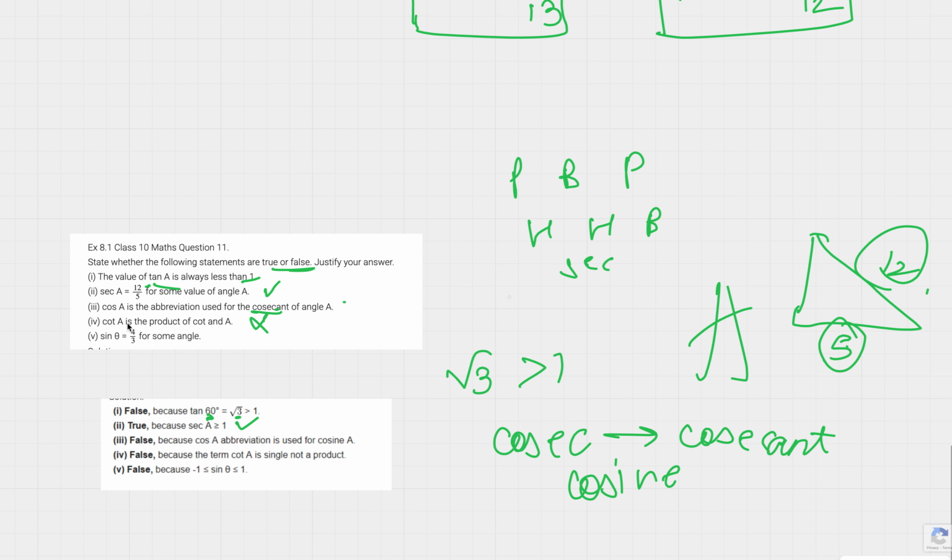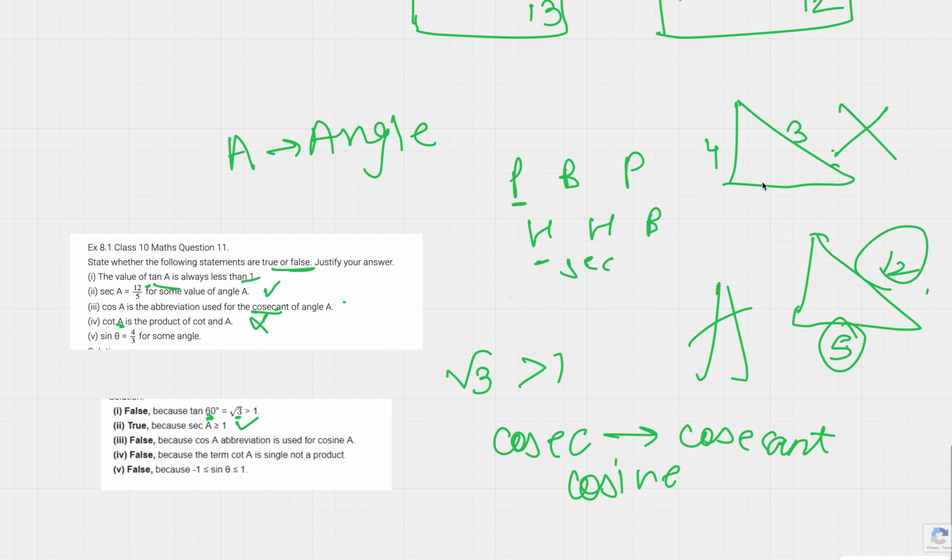Of course not. A is the angle, not a product. Sine theta is equal to 4 by 3. Again, sine is perpendicular by hypotenuse, so P is 4 and H is 3. Is this possible? Of course not. It is never possible, so it is false.